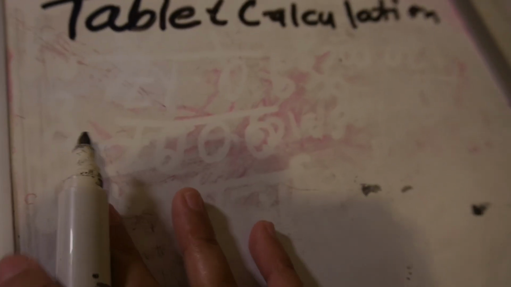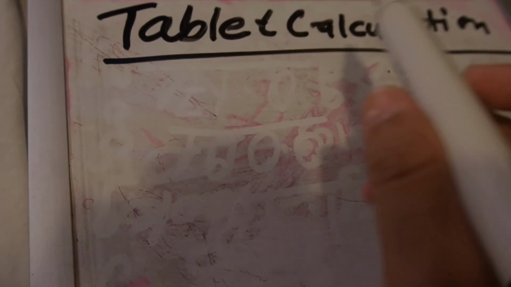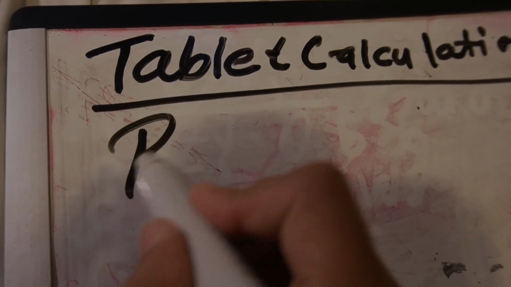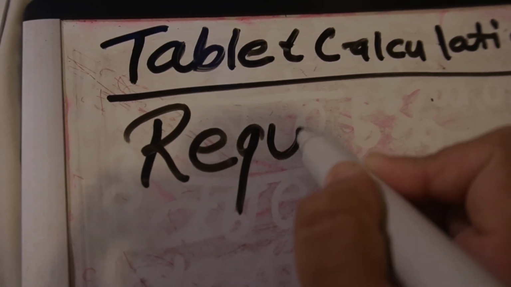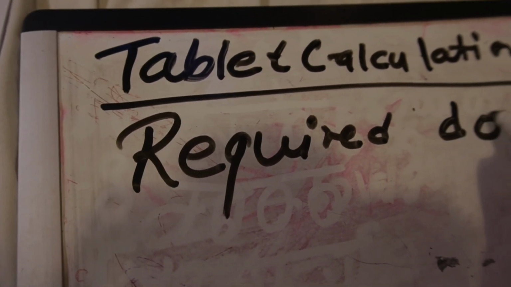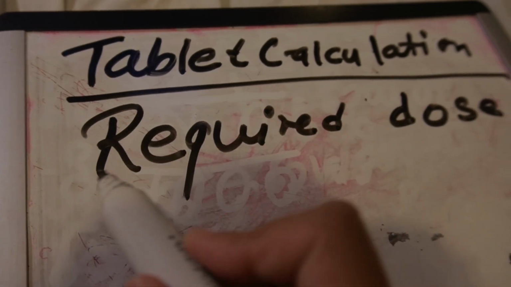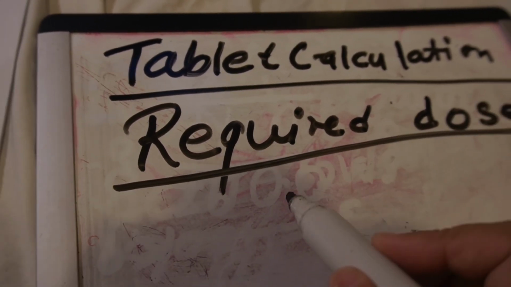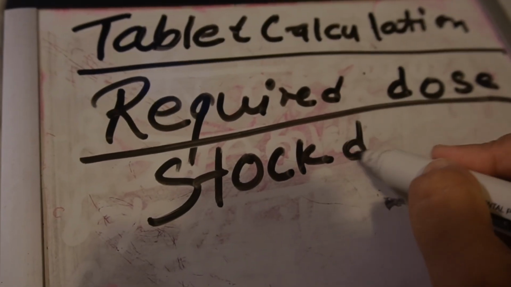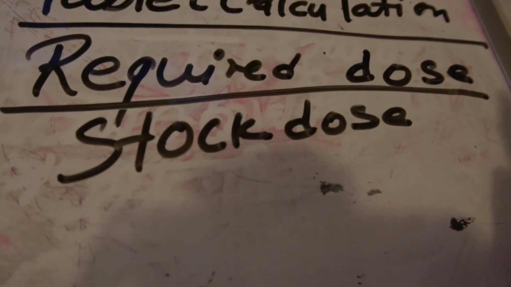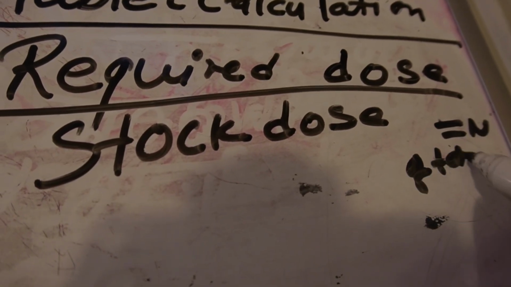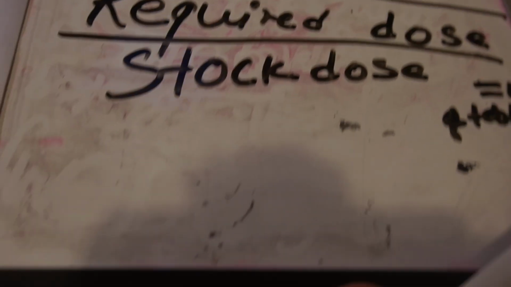When we are doing tablet calculations, we first need the required dose divided by the stock dose, which is equal to the number of tablets. Sorry, this board is so small.